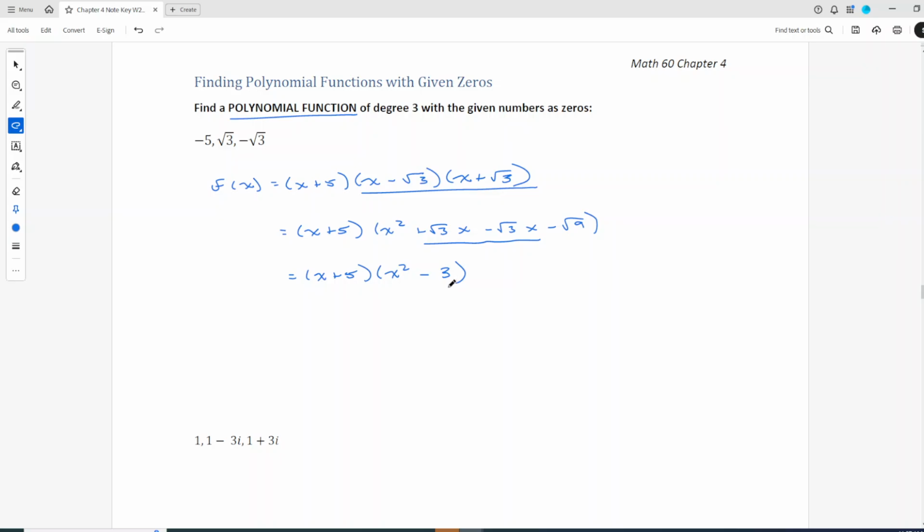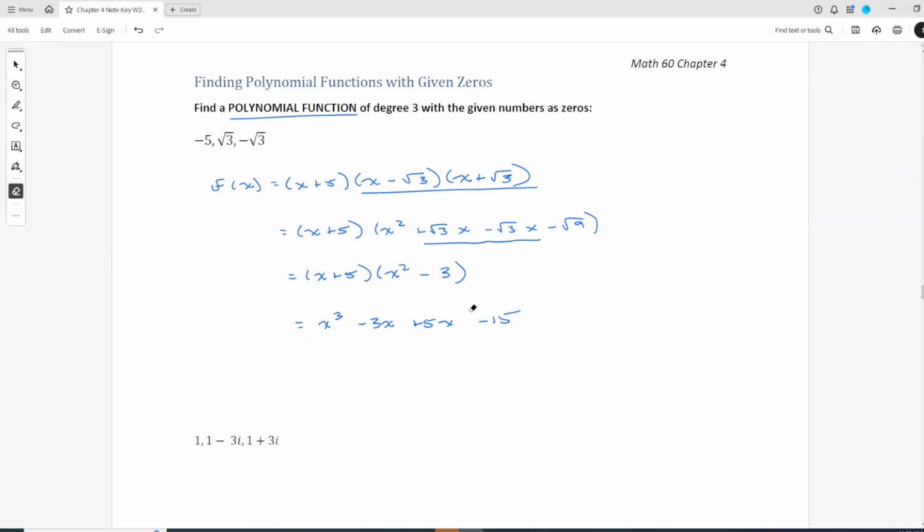Now, this isn't actually a difference of squares because 9 is not a perfect square, but it does factor like a difference of squares. So x squared minus 3 can factor to x minus root 3 and x plus root 3. And then finishing this off, they just want you to multiply these two brackets together. So I would end up with x cubed minus 3x plus 5x squared minus 15.